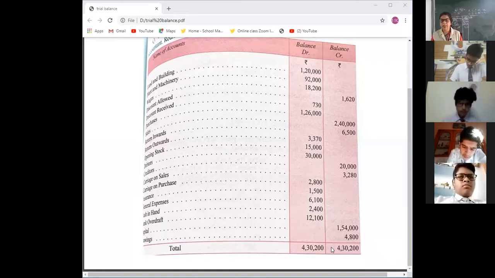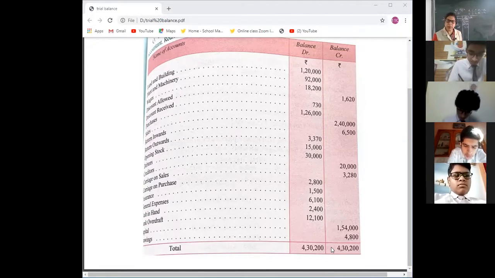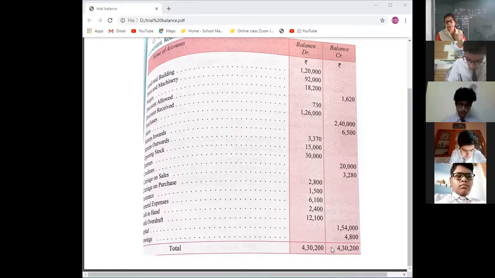This is the easiest way to make the trial balance. Put them in the correct side by learning only two examples or two lines.